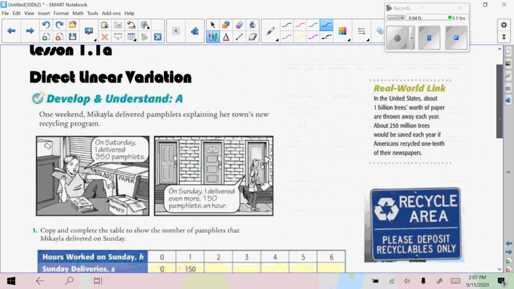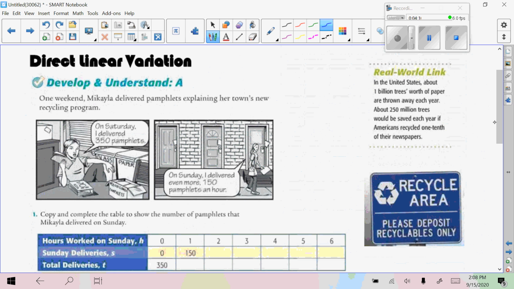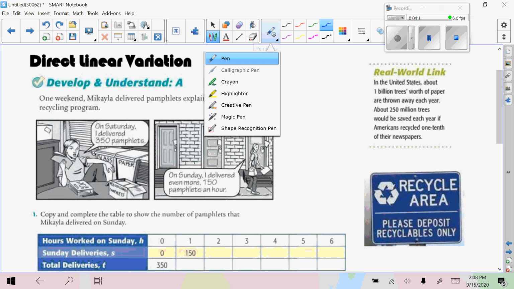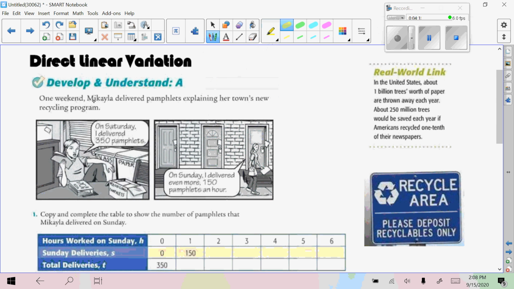And we've got a problem here where Michaela is delivering pamphlets, and on Saturday she delivered 350 of those pamphlets. On Sunday she delivered 150 each hour.